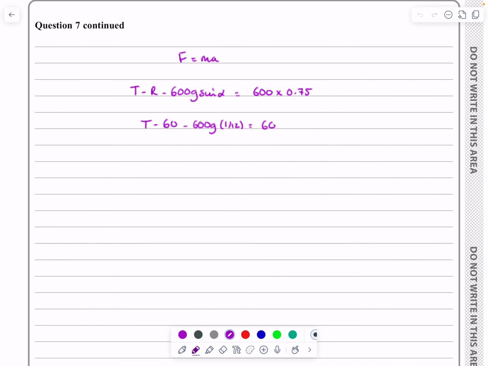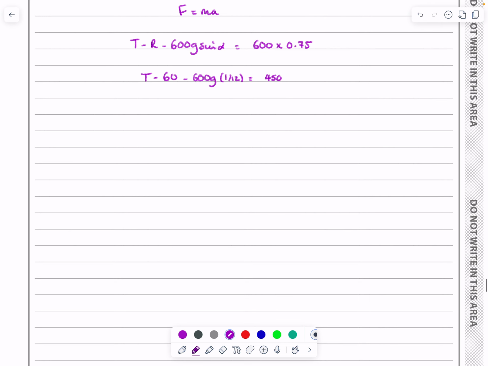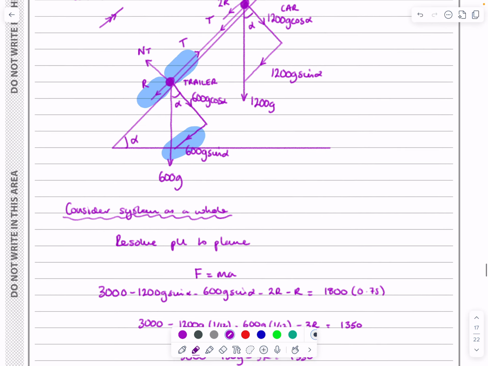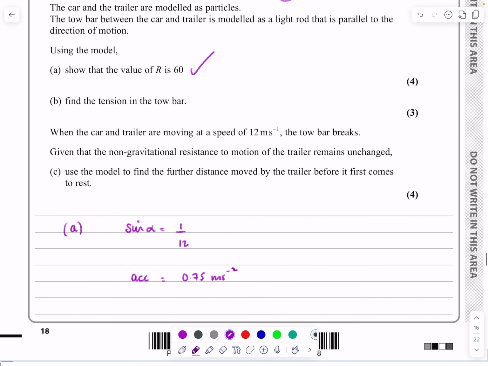That's 450, isn't it? And from that, we can actually just calculate it. T works out to be 450 plus 60 plus 50g, and that works out to be equal to 1,000 newtons. And then on to part C.